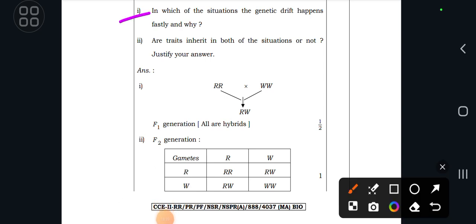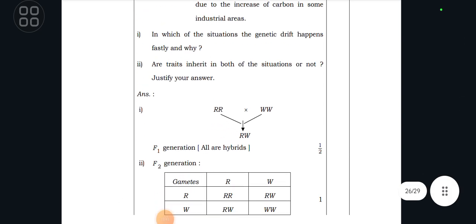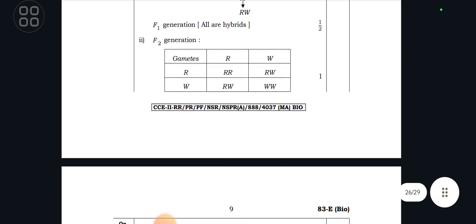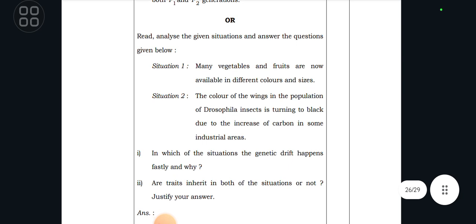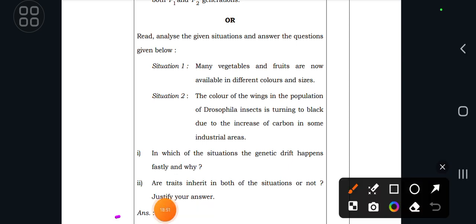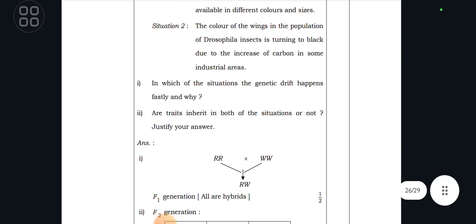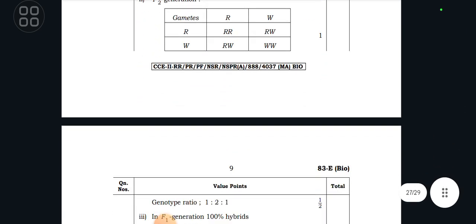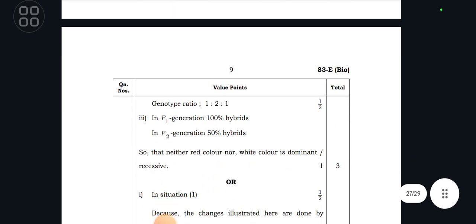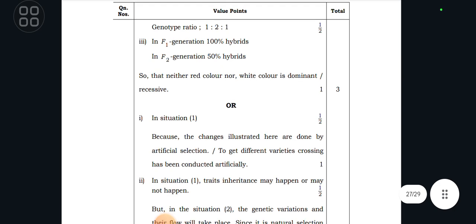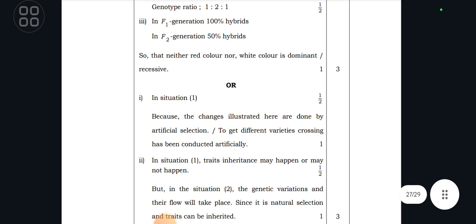You can watch it. The answer will start from here. You can see how they have solved it with a diagram and a Punnett square, with a chart and the percentage of the ratio in the first generation and second generation.